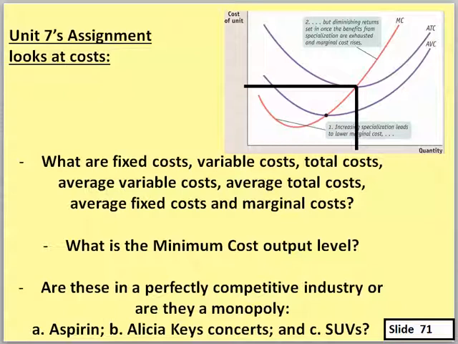Now, you can do that off a graph, but more likely you're going to look at the table of average total costs, and you're going to skim down that table until you get to the smallest number there. And it may not be the last number. The numbers may get, just as this curve shows, smaller, smaller, smaller.